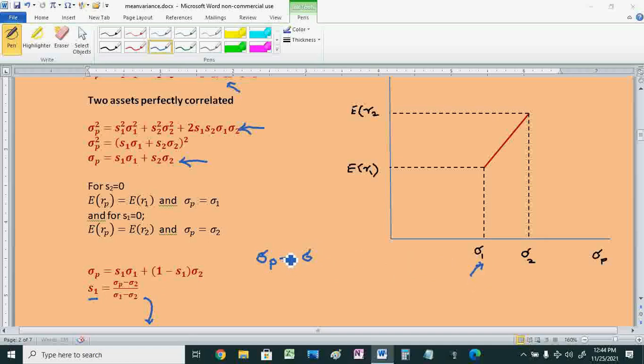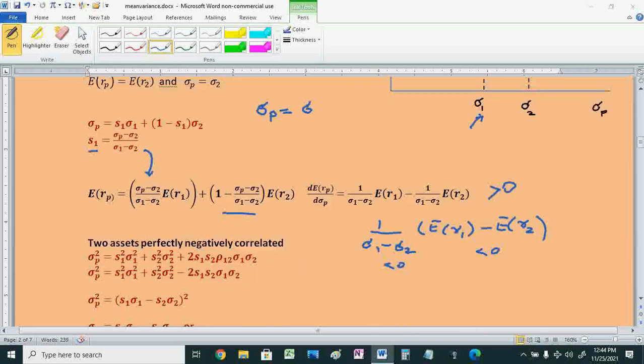Then see that in this equation, if I put S1 equal to 1, this ratio is equal to 1, and similarly this ratio is equal to 1.